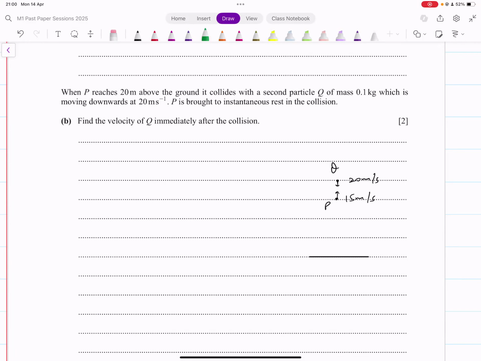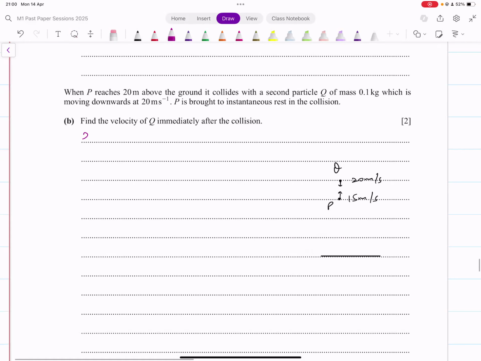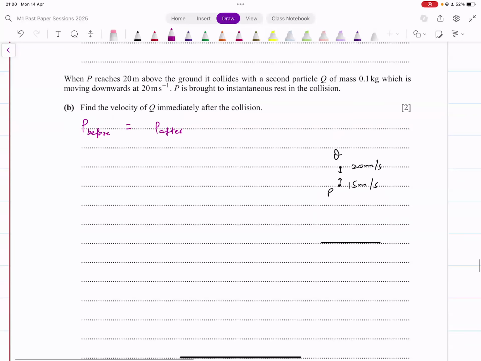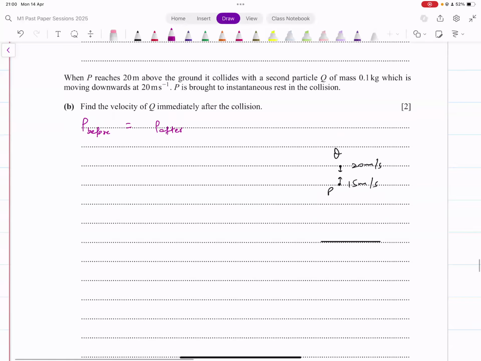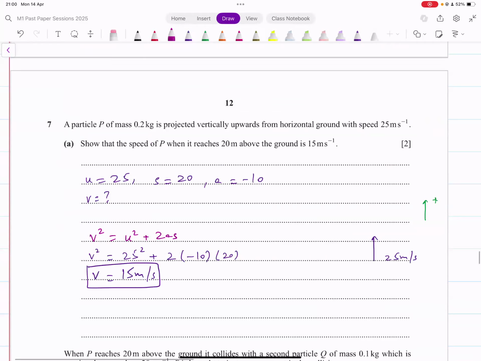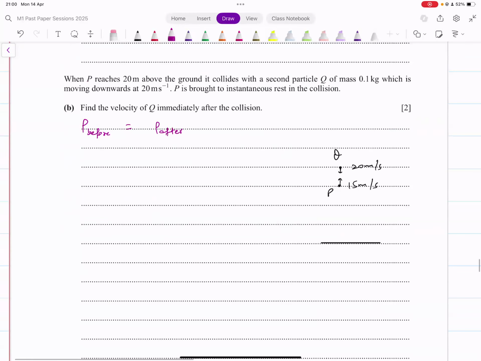Okay, let's use conservation of momentum and see what that gives us. Momentum before collision should equal momentum after collision. Mass of P was 0.2 kilograms. Mass of Q is 0.1 kilogram.